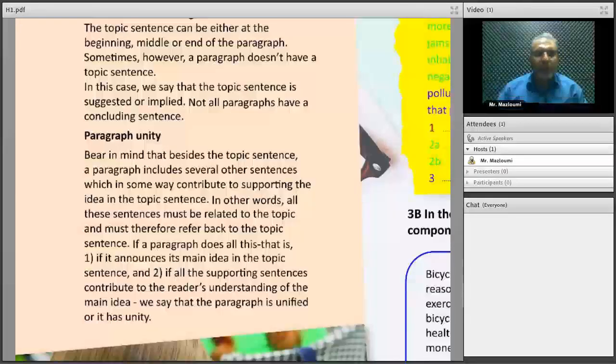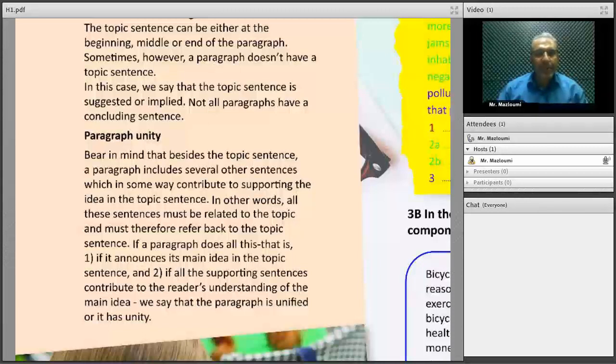Paragraph unity. Bear in mind that, keep in mind that, remember that, besides the topic sentence, in addition to, as well as the topic sentence, a paragraph includes several other sentences which in some way contribute to supporting the idea in the topic sentence.